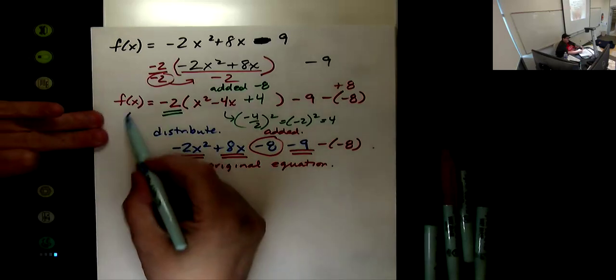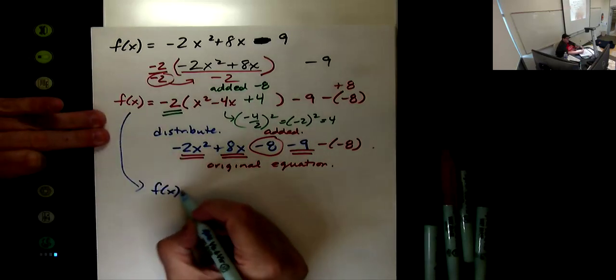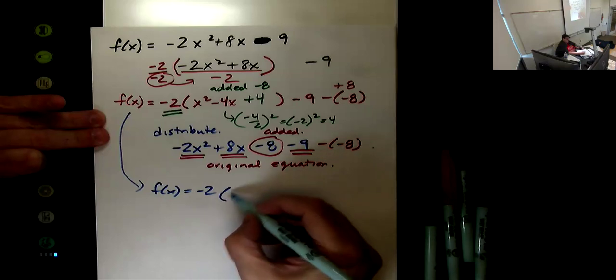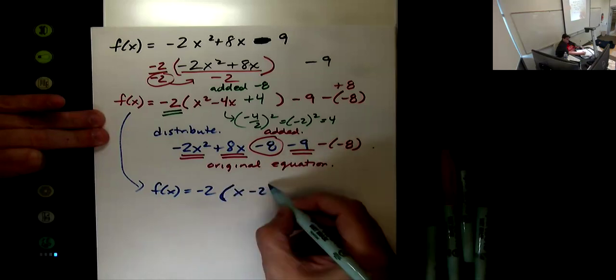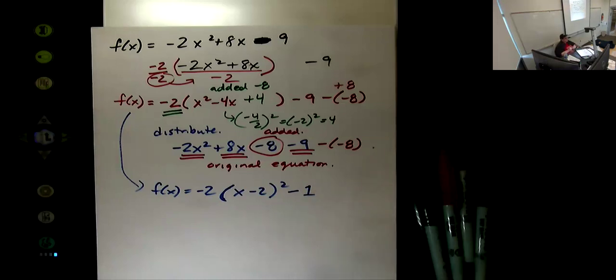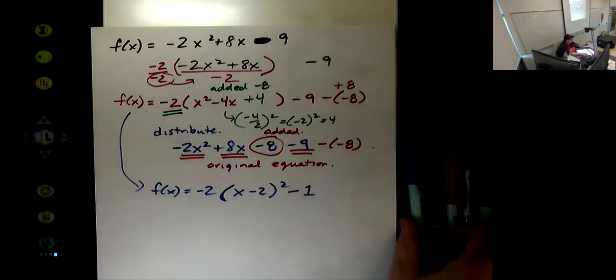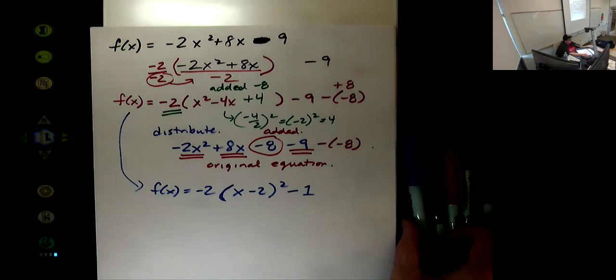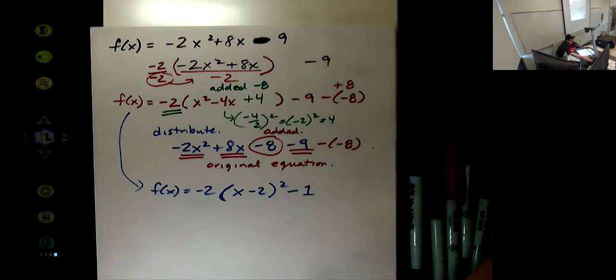But that way, when I finish doing the complete the square, I got the -2 out front. This is still the normal version of completing the square. But now I've got that -9 plus the 8 is -1. Are you guys okay with that?